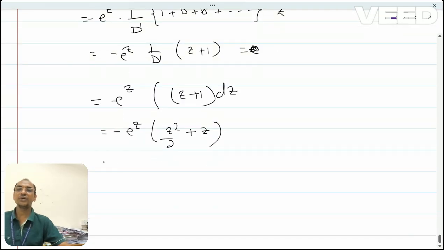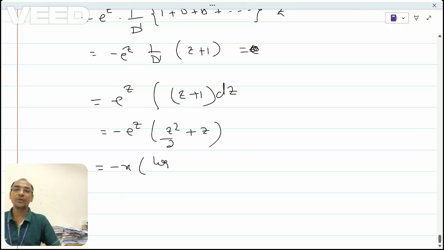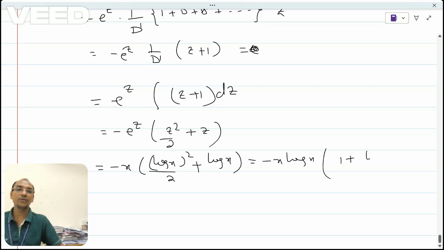Now z = log x, so e^z will be x. So this will be minus x ((log x)^2 / 2 + log x). Okay. And so this will be equivalent to minus x log x (1 + (log x)/2).